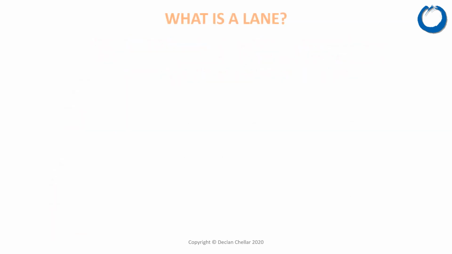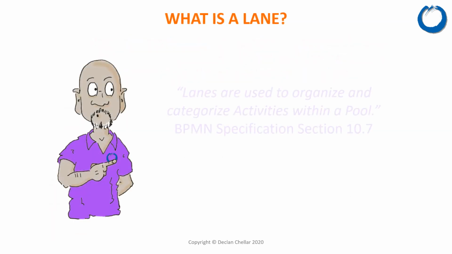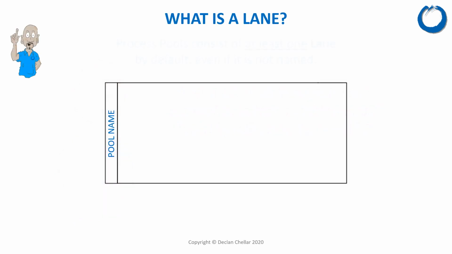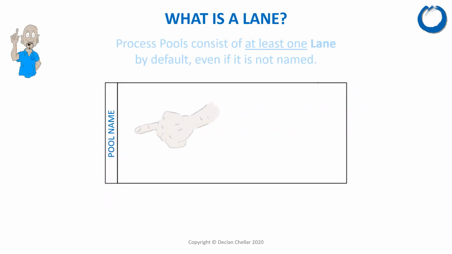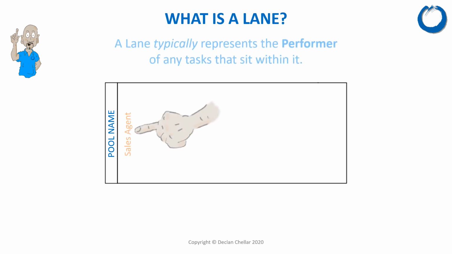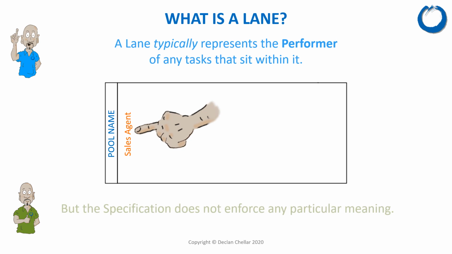What is a lane? The specification says, lanes are used to organize and categorize activities within a pool. Process pools consist of at least one lane by default, even if it's not named. A lane typically represents the performer of any tasks that sit within it, but the specification does not enforce any particular meaning.